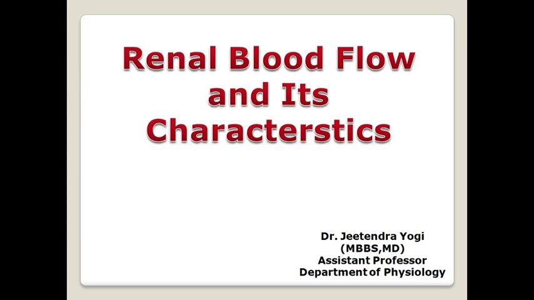As we know, the kidney is an organ that removes all the waste products from the blood, and it filters, clears, or purifies the blood from the waste products of metabolism. So that's why we have to understand the renal blood flow and its characteristics.